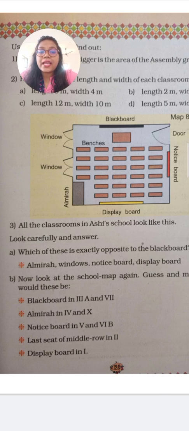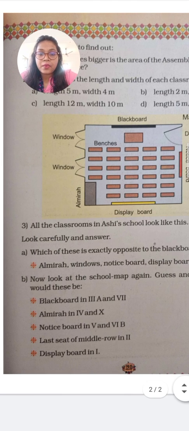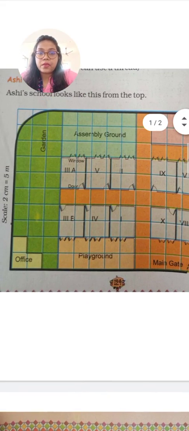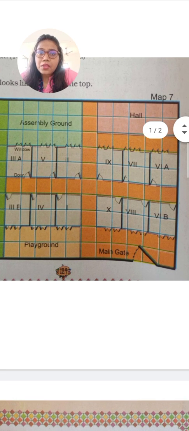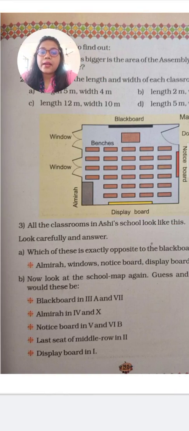Now look at the second map again and guess and mark where this would be. Where is the blackboard in third A and seventh? You have to write where the blackboard is in third A and seventh, going to the second map, this one. And where would the blackboard come here? And the same for fourth and tenth.